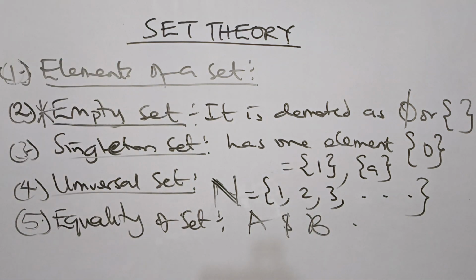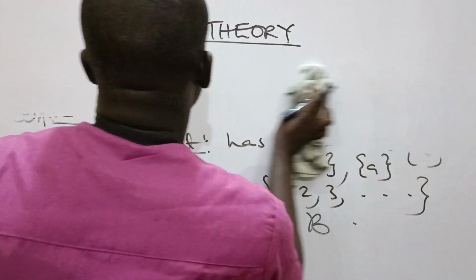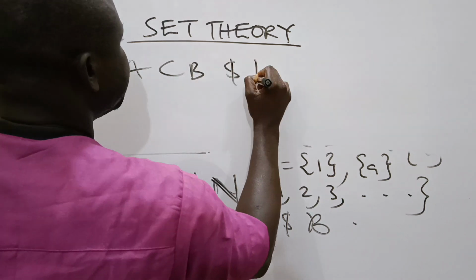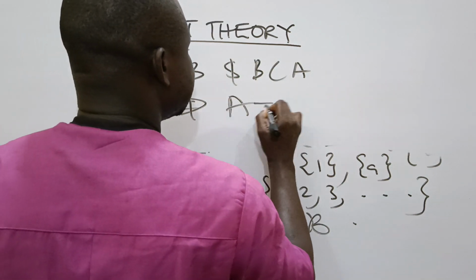If you have two sets, A and B, the two sets A and B are said to be equal if A is a subset of B and B is a subset of A. If A is a subset of B and B is a subset of A, it implies that A is equal to B.